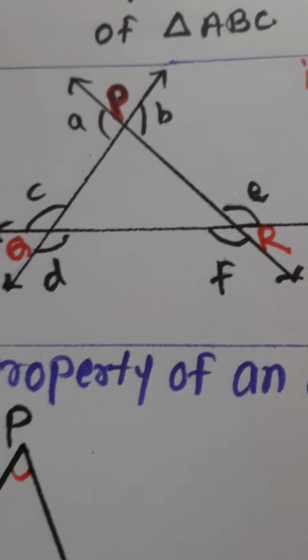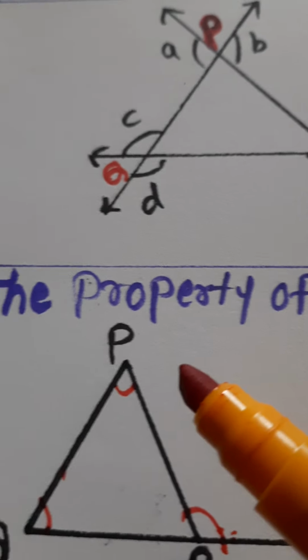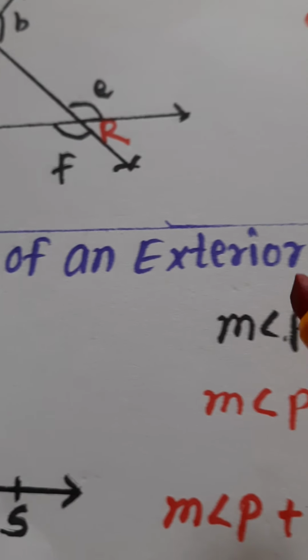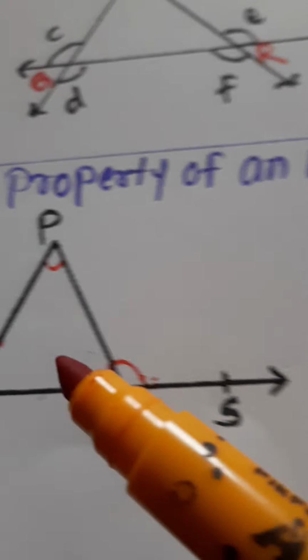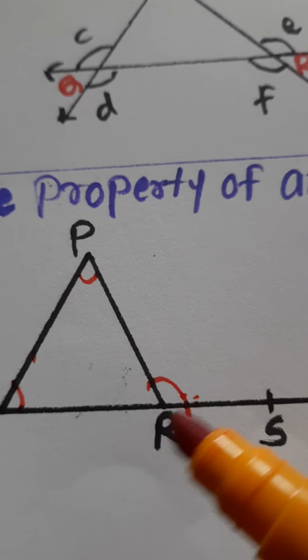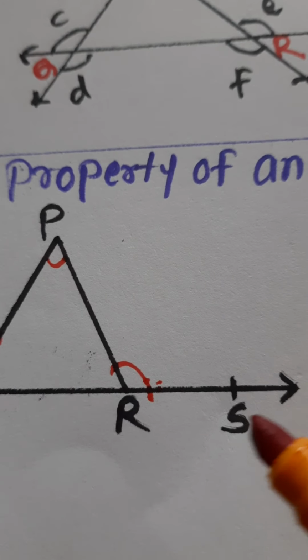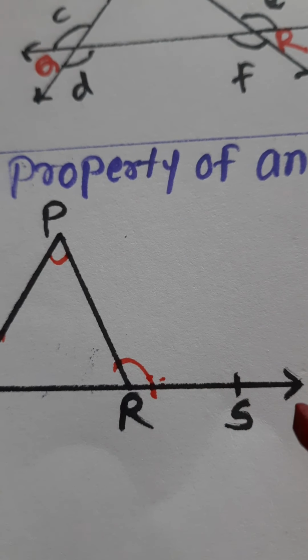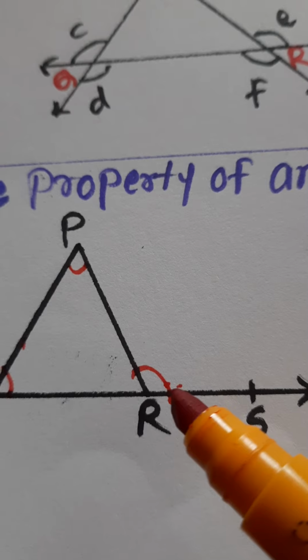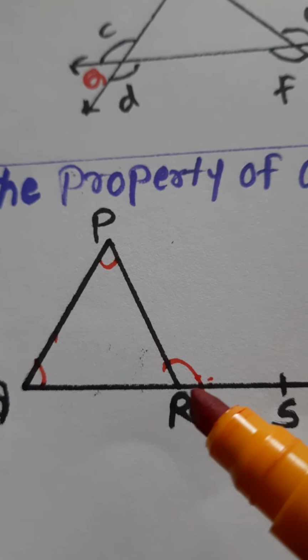Okay, the next one shows the property of an exterior angle. Observe this figure PQR. When I extend the QR side, PRS is an exterior angle of triangle PQR.